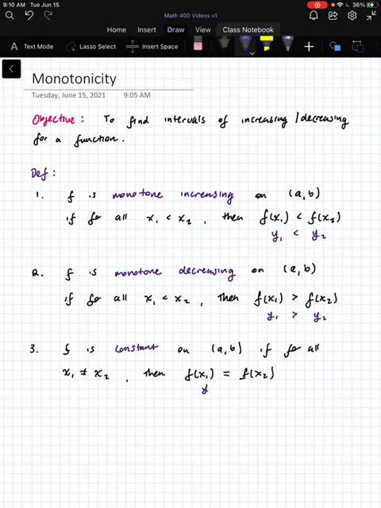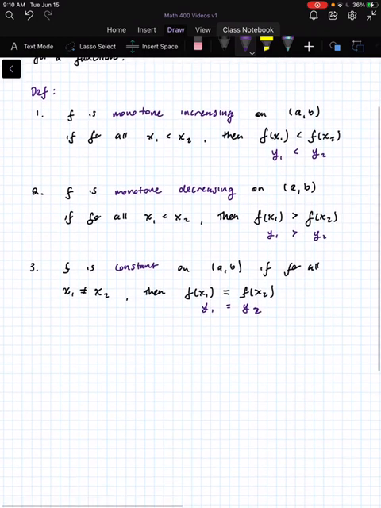In other words, the y values always match. So we'll see a few examples now of each of these kinds of properties.